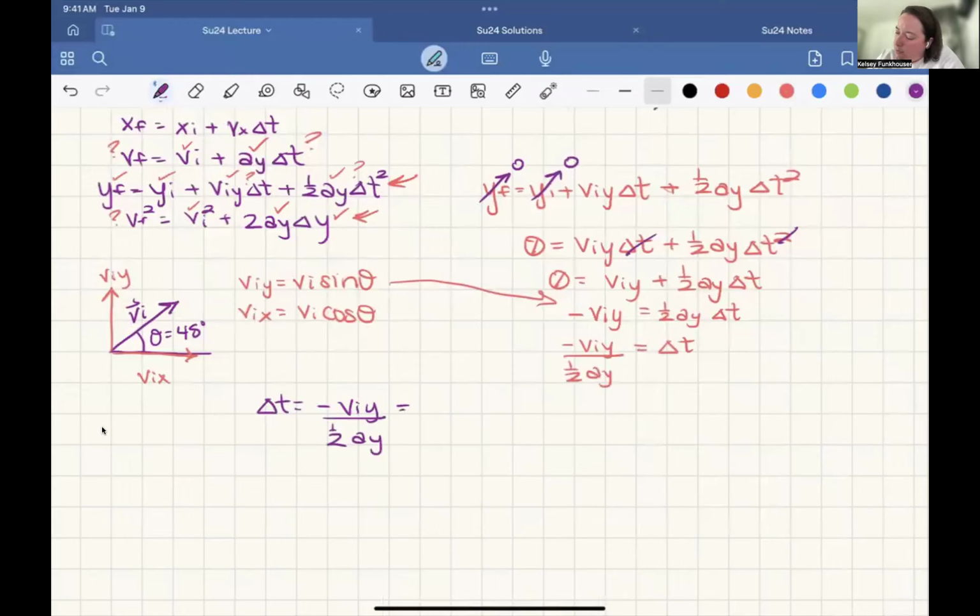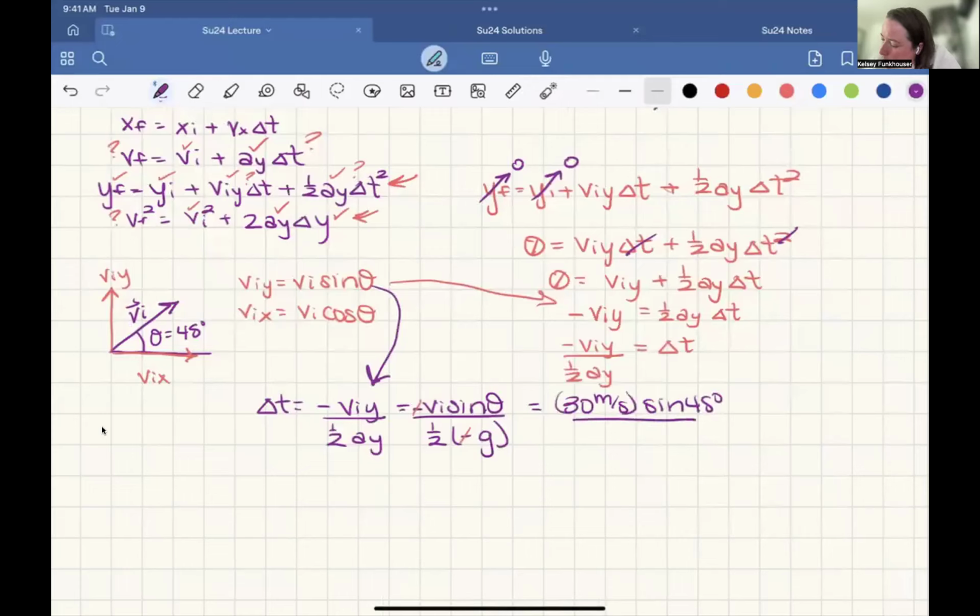So first up, we're just gonna plug that in, and we say V initial, negative still, sine theta divided by 1/2, and then we're gonna say this acceleration in Y is negative G. So these negatives cancel. Okay, and then we can just plug in our numbers. So we have 30 meters per second times sine of 45 degrees divided by 1/2 times 9.8 meters per second squared.